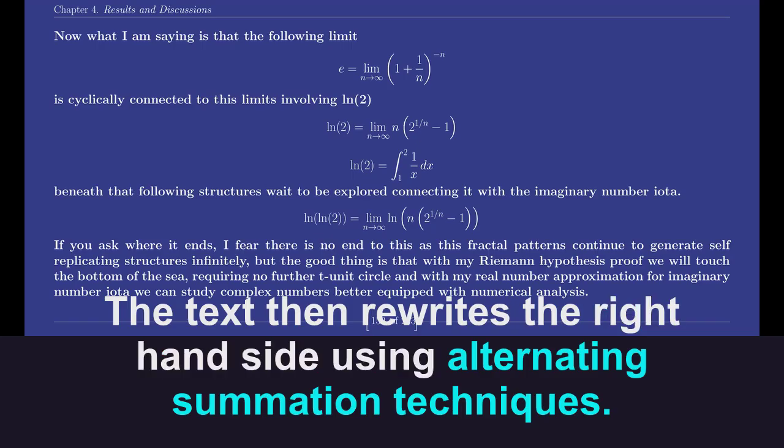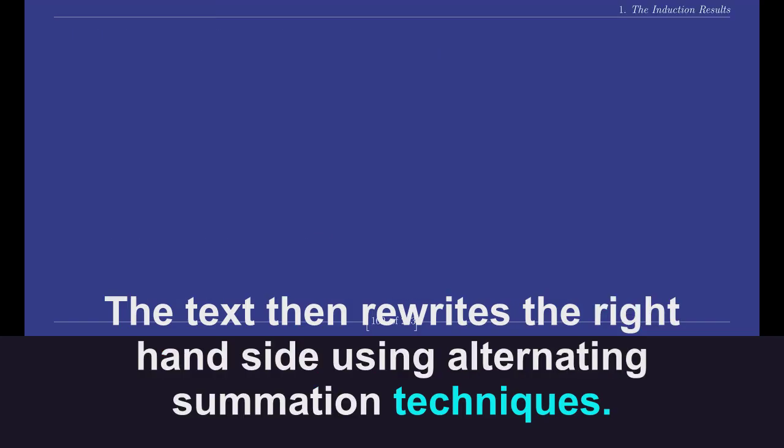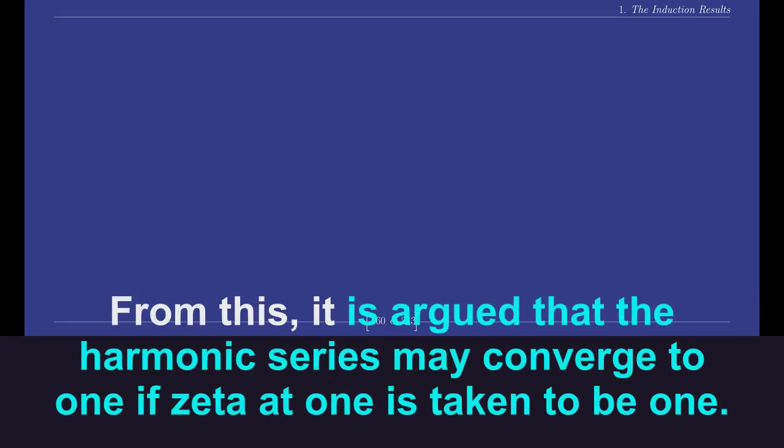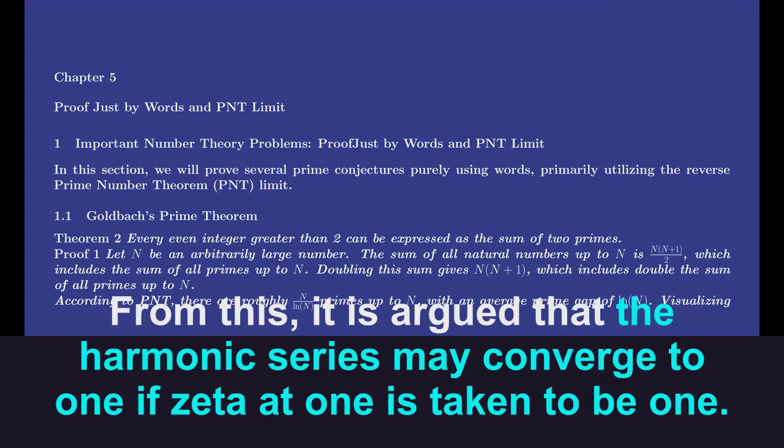The quantity n over logarithm of n is treated as a representative prime. The square of this quantity is compared to n squared plus 1. By taking logarithms, an exponent greater than 2 is obtained. This exponent is interpreted as exceeding the minimal prime gap. From this, the text concludes that primes of the form n squared plus 1 must occur infinitely often.